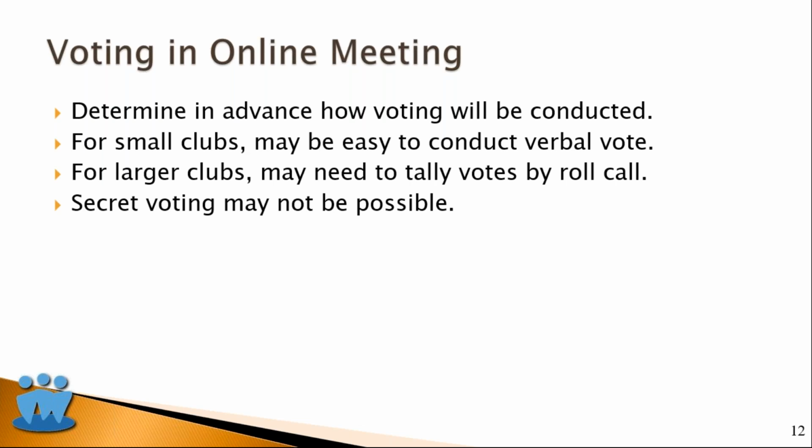But for larger clubs, it may not be possible to determine a majority if everyone's jumping on the voice component all of a sudden placing their vote. So you might need to do a roll call style vote where the secretary would name each member, go down the list and record their vote, and then tally up the results.